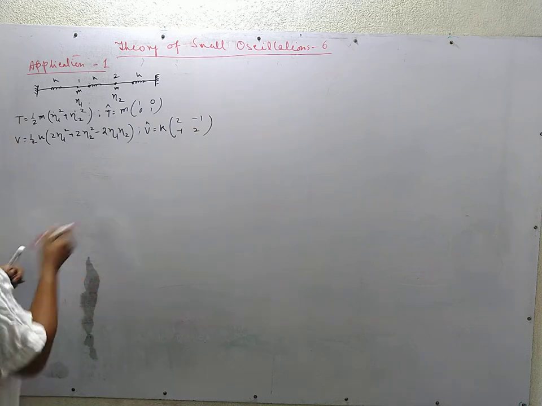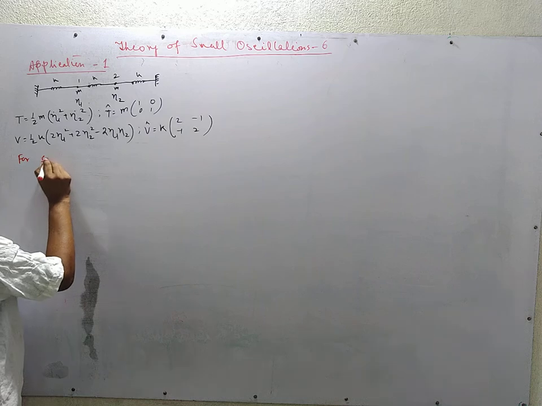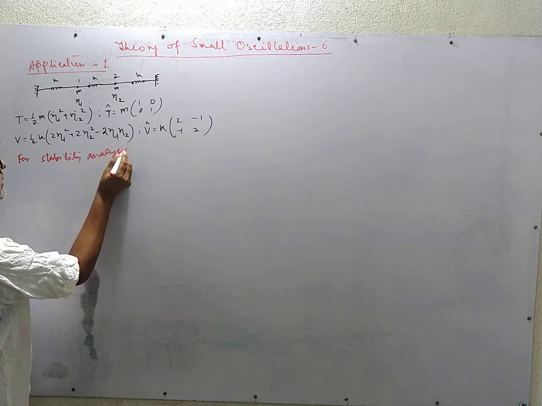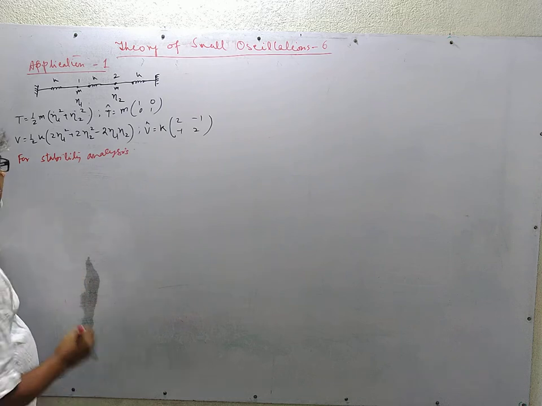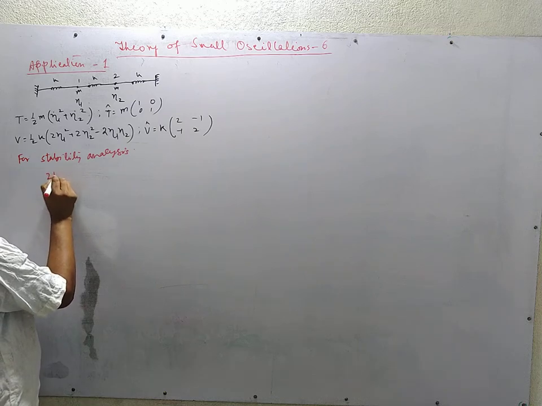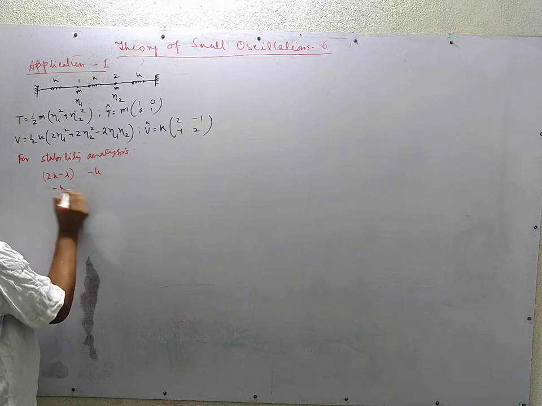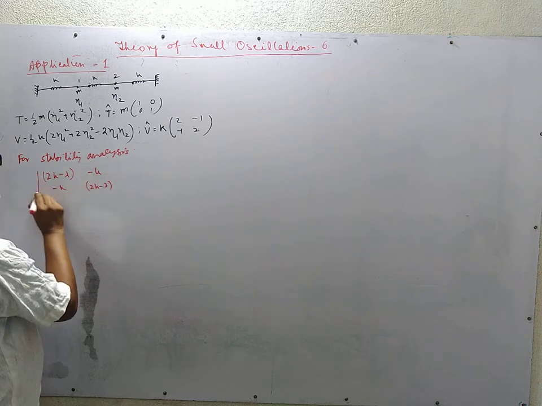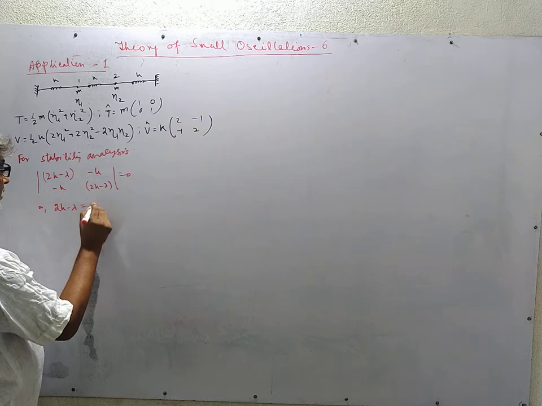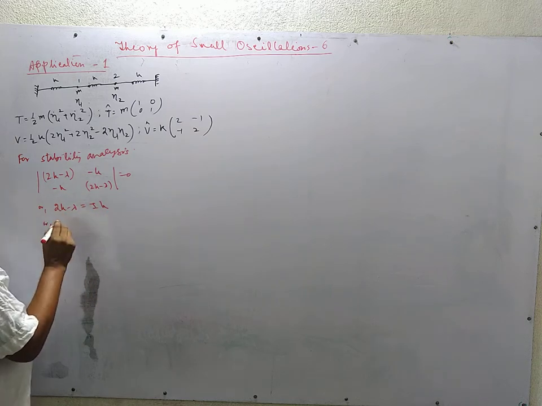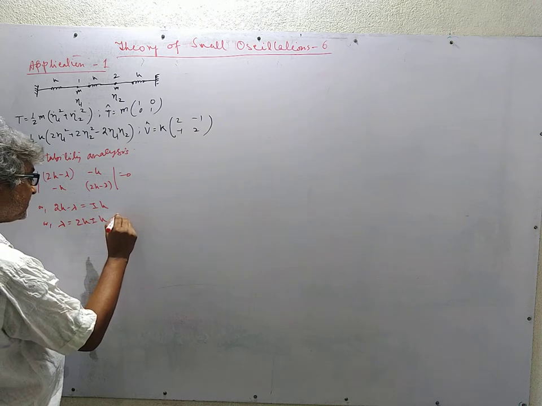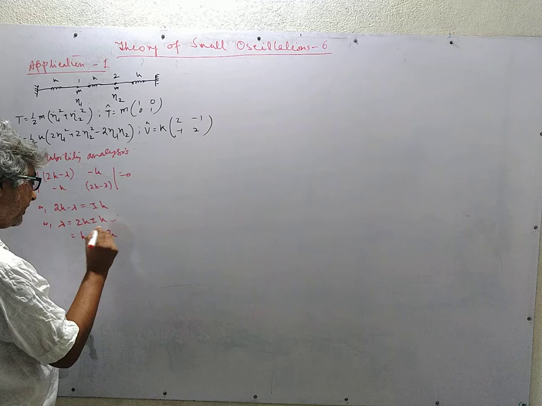So for stability analysis, we find the eigenvalues from the determinant of 2k minus lambda, minus k, minus k, 2k minus lambda, which gives us 2k minus lambda is equal to plus or minus k, or lambda is equal to 2k plus or minus k, so it is equal to k and 3k.